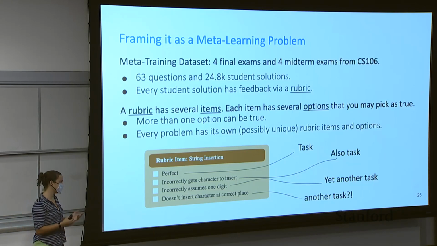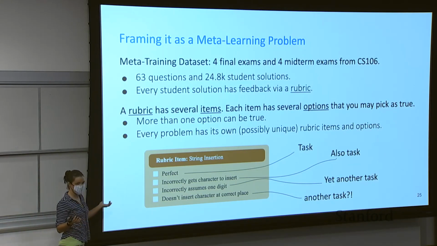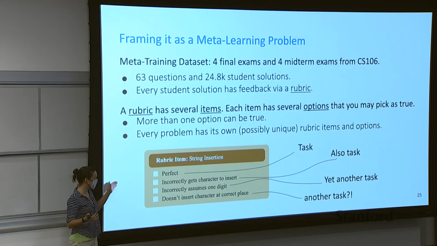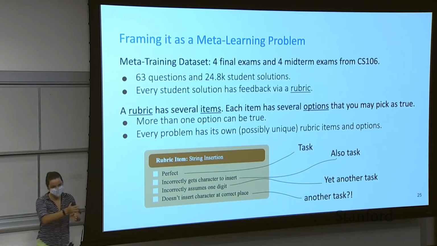So the question is, does this break the IID assumption in terms of tasks? When we sample tasks, we don't always sample all 4 of these tasks from this rubric item. We essentially sample IID from the distribution of rubrics or of questions, and then over the distribution of items, and then over the distribution of options. And we try to do that sampling in an independent fashion.